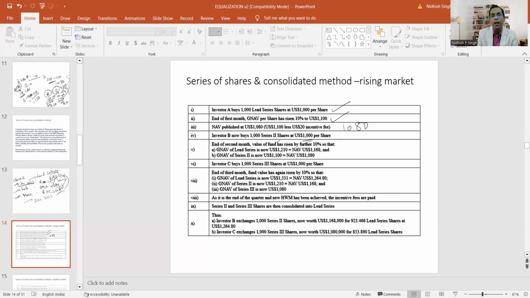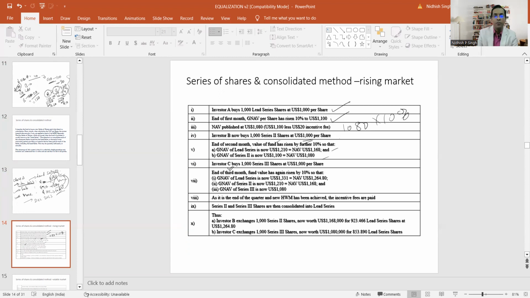Because remember, every time it becomes a new NAV. So subsequently, what happens? NAV of lead series is 1210. It further went up by 10%, I believe. And subsequently, investor B also gets a 10% increase in the NAV. So both become 10% higher.